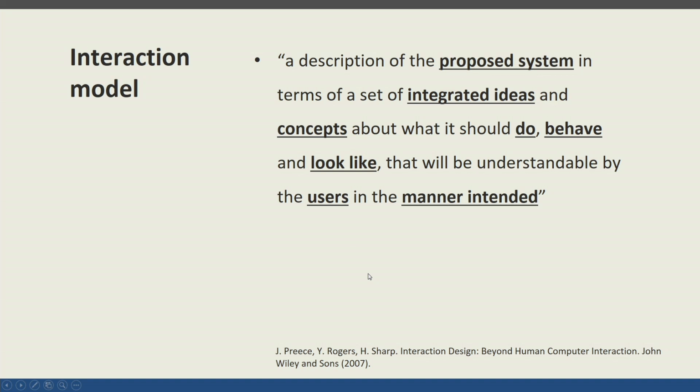When we say it is about the proposed system, we mean the proposed represented model, the proposed interactive artifact: what it should do, how it should behave, and how it looks. All three treatments, about its objective, its behavior, and its look and feel, have to be accomplished by the designers in such a way that they are easily understood by the users in the manner intended.